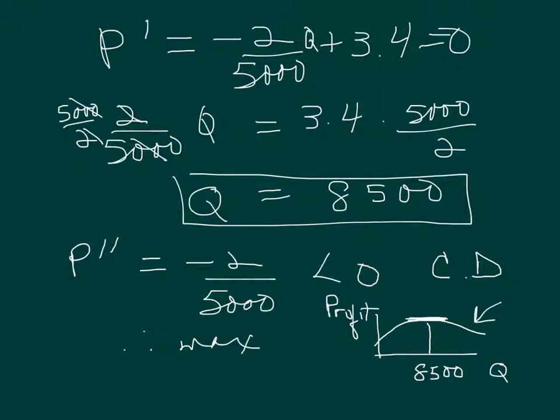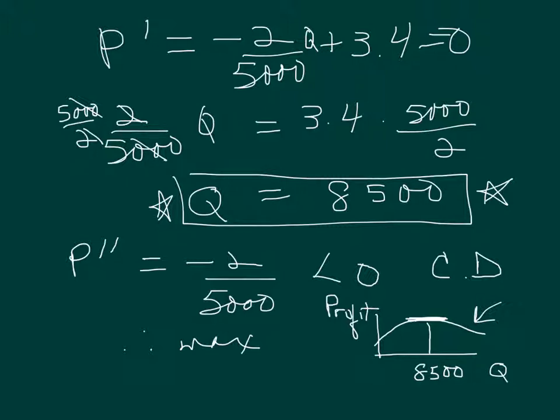So I have to go back and look at what they've asked me to find. Looking back at the question, remember, you're always going to be looking back and making sure you're answering the question. So they want to know the price of a hamburger that will maximize the nightly hamburger profit. All right, so we have a problem because all we have found so far is the Q. If I had stopped here, I have proven that the Q I found maximizes the profit, but that's not actually the question.